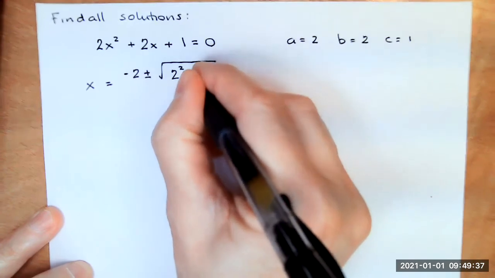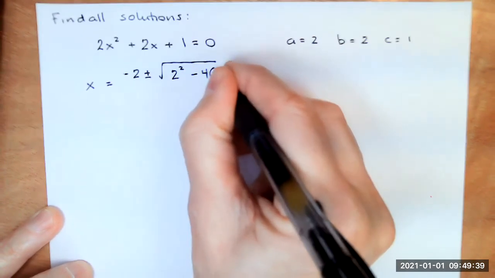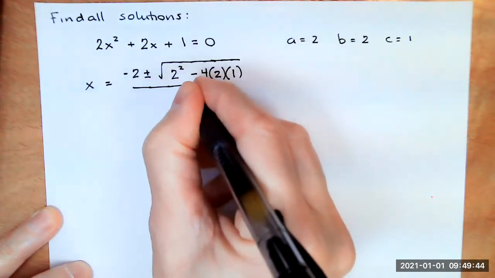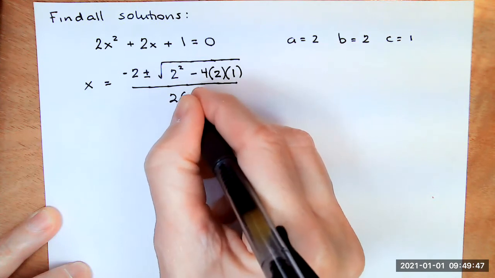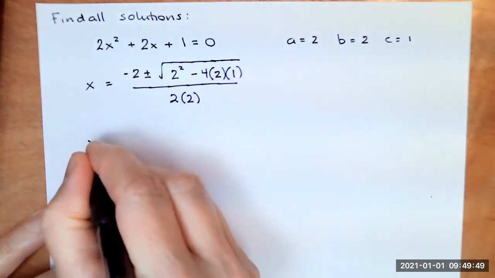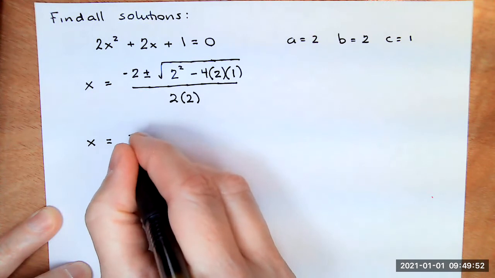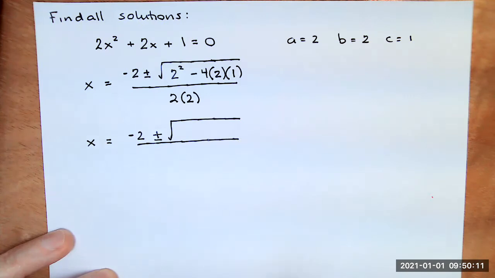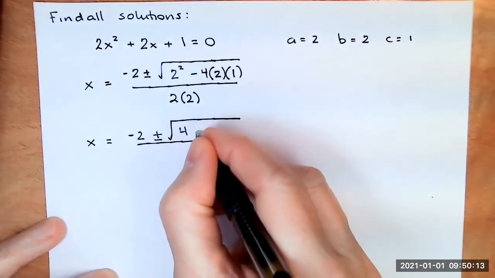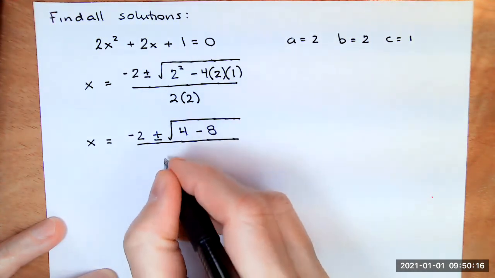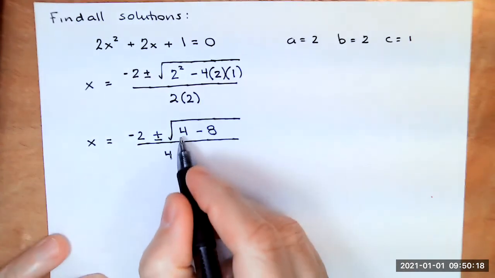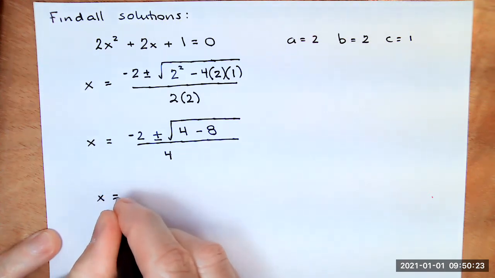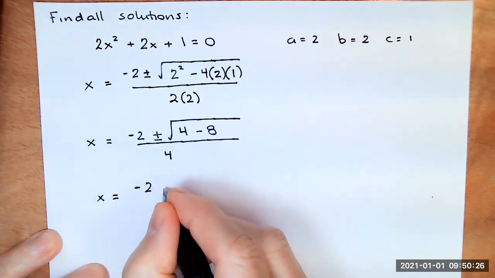B squared minus 4AC, all over 2A. And you can see that the discriminant is negative. So we are going to get complex solutions.